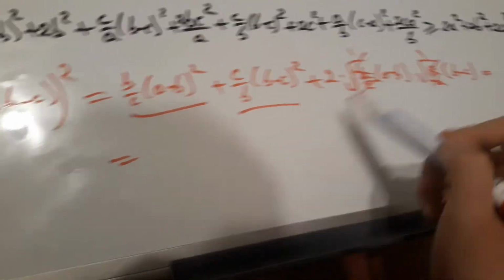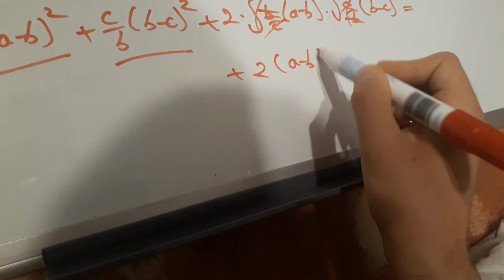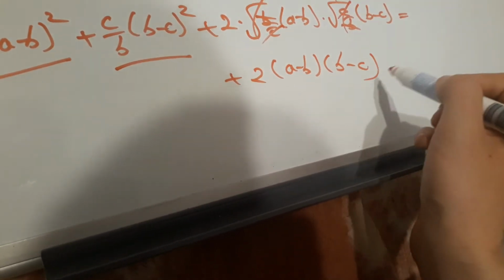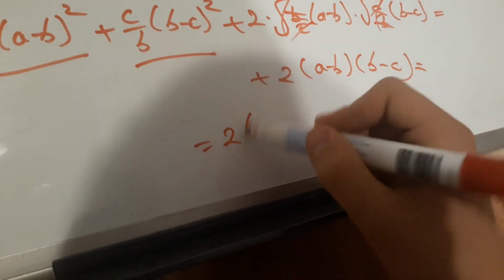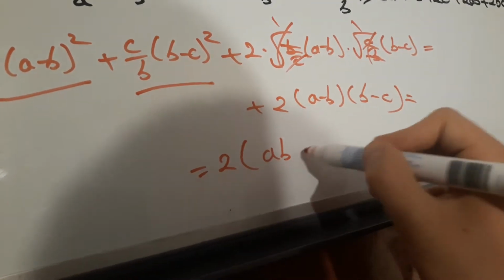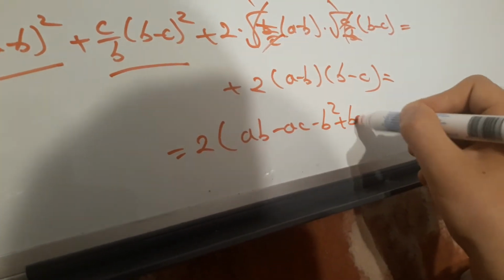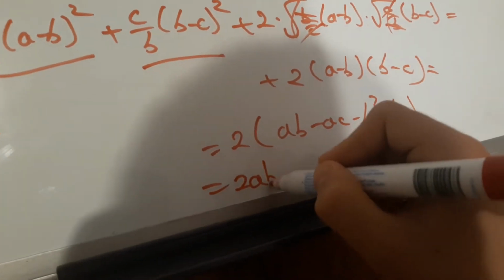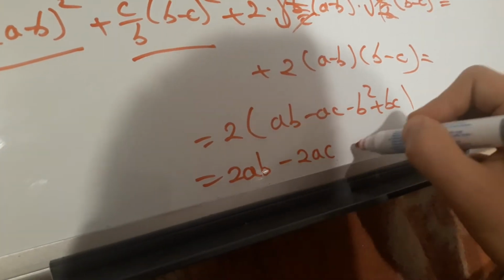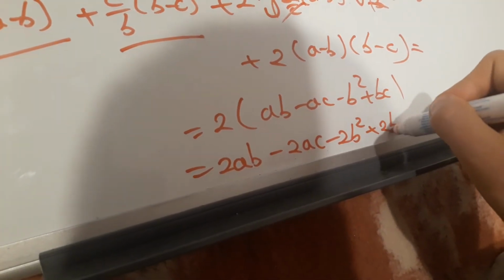So this is equal to this one plus 2 times (a minus b) times (b minus c), which is equal next to 2 times ab minus ac minus b squared plus bc, which is equal next to 2ab minus 2ac minus 2b squared plus 2bc.